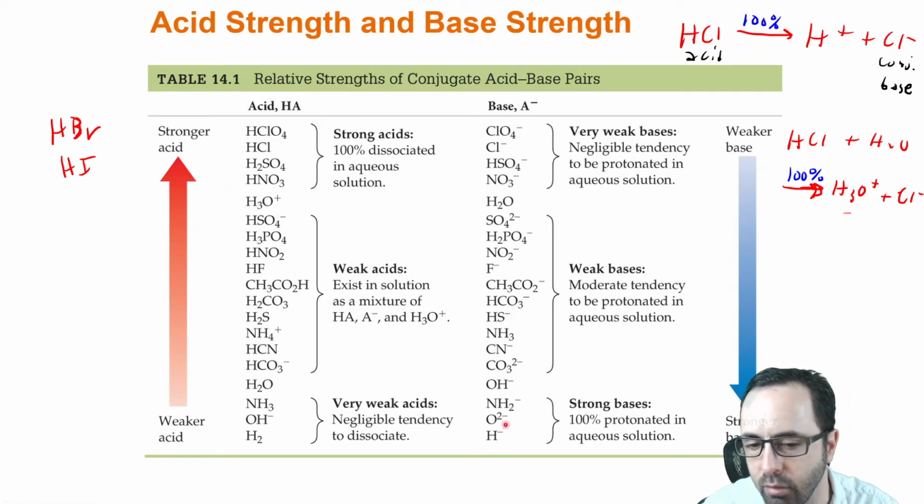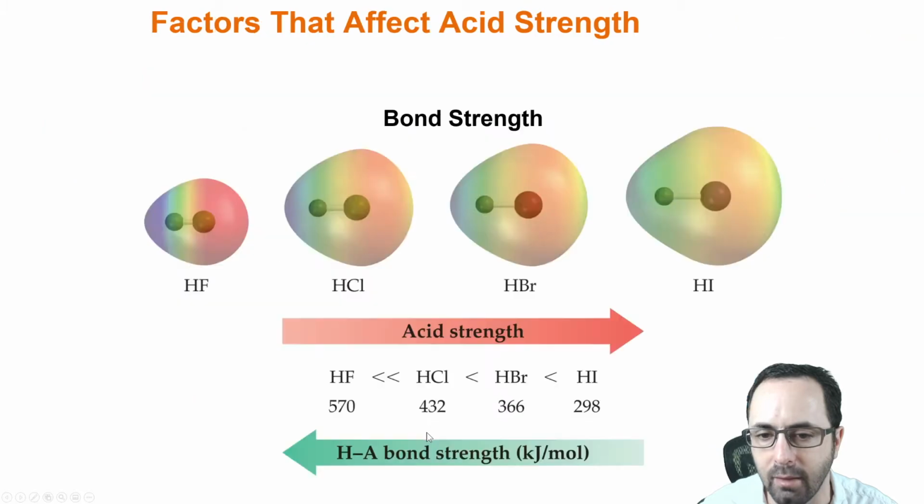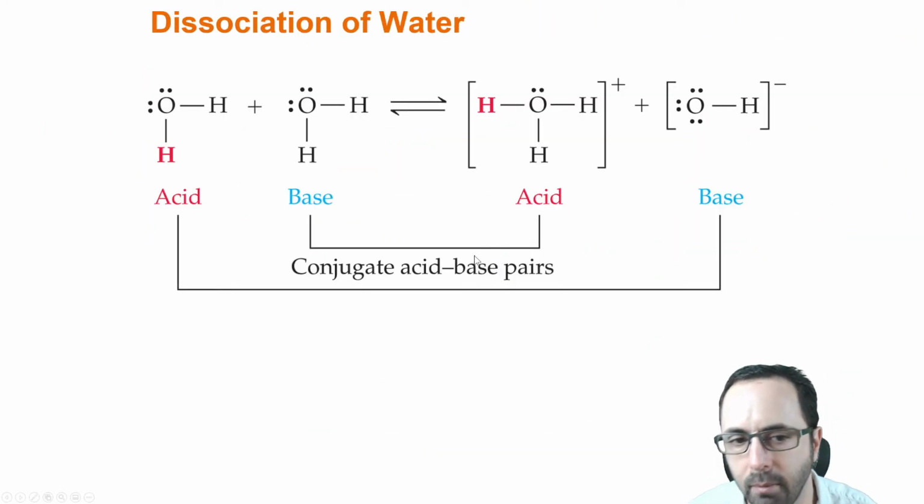Likewise, any base that is stronger than hydroxide will react with water to produce hydroxide, and so hydroxide will be the strongest base possible in water. Essentially, hydronium in water is considered the strongest acid, and hydroxide in water is considered the strongest base. This is because of the so-called leveling effect in water.